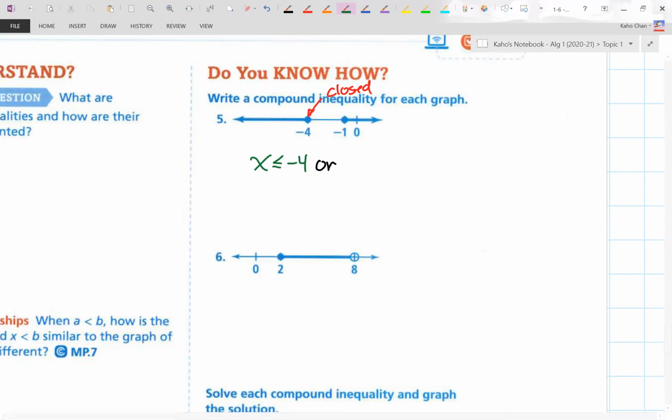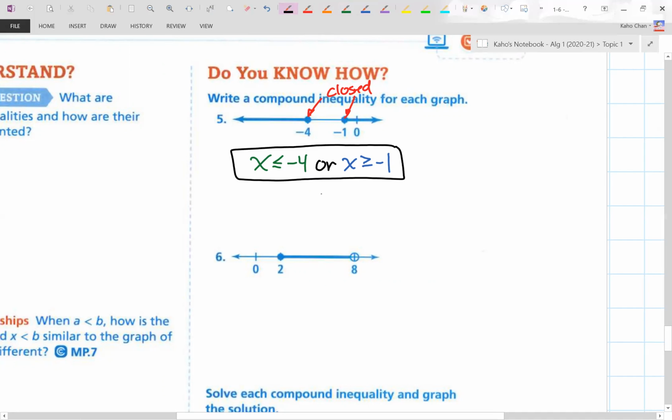Or, on the other end, it's also closed. Interesting. This is going to be X is greater than or equal to -1. And that's it. It's a union of 2 rays. That was pretty easy.